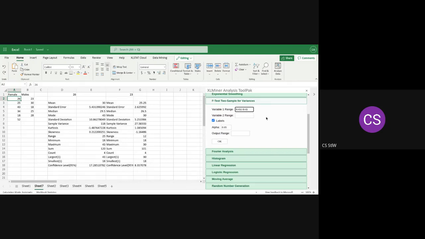So from A2 up to A7, and then from B2 up to B6.